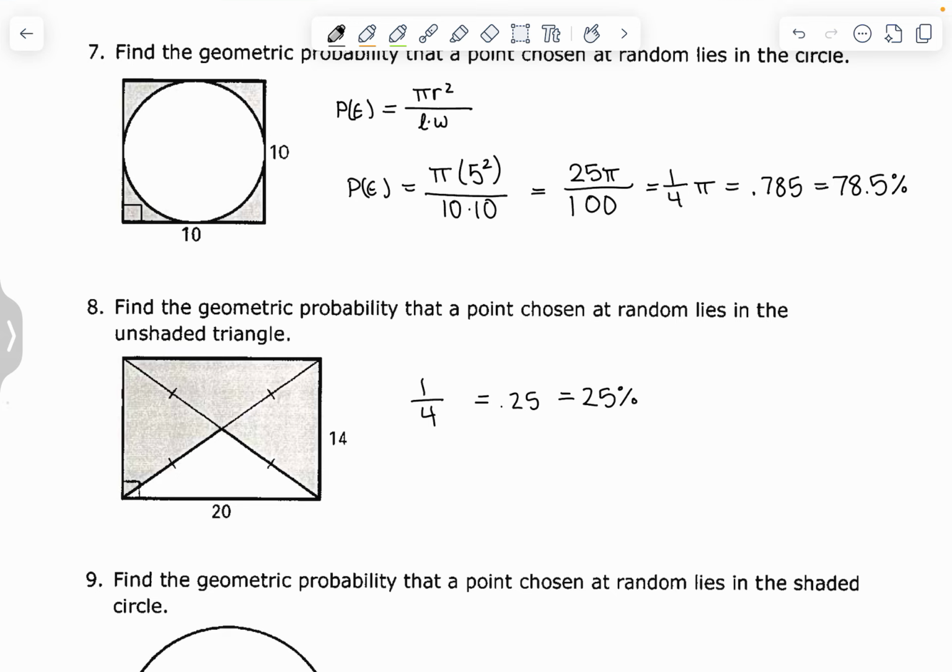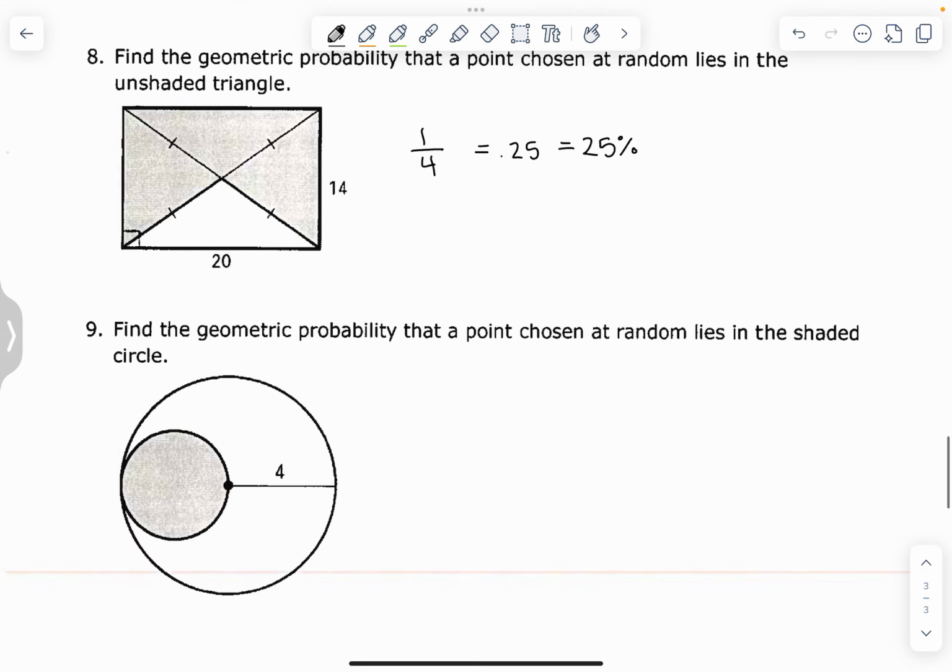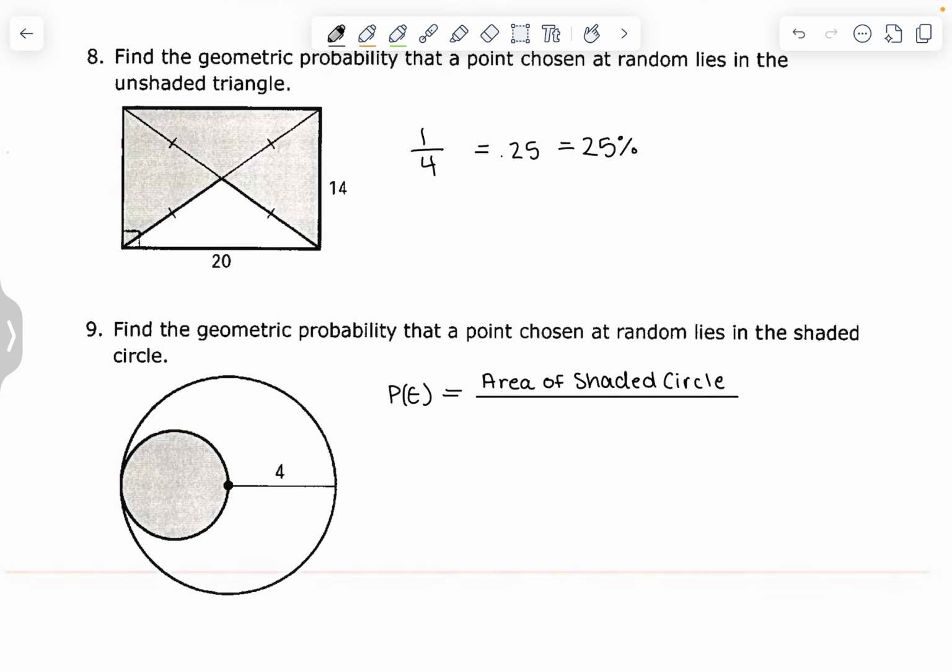So now we approach our last problem. Find the geometric probability that a point chosen at random lies in the shaded circle. And so the probability of this event occurring is going to be the area of the shaded circle over the area of the large circle.